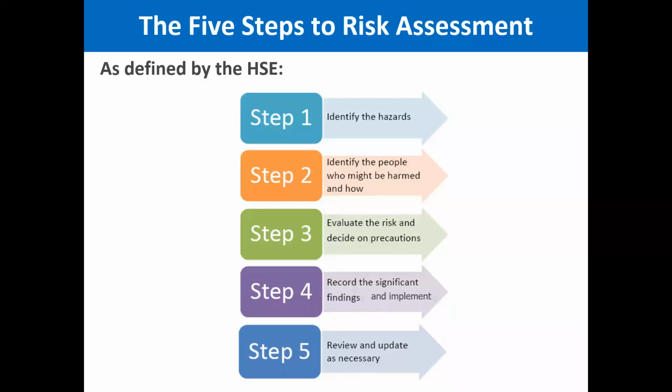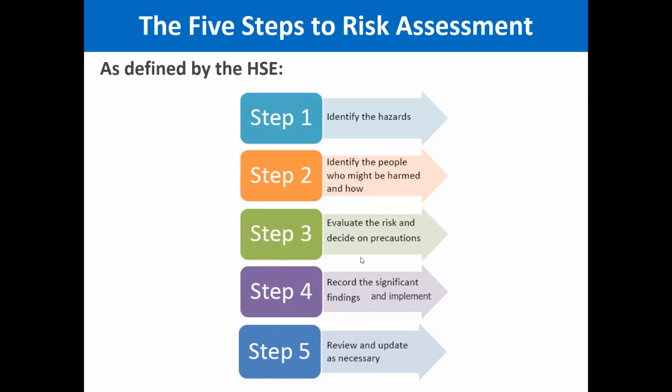You also need to consider vulnerable people, who are more prone to harm from this activity. You need to understand how they are going to be harmed, so you need to understand the consequences, what will happen to those workers.